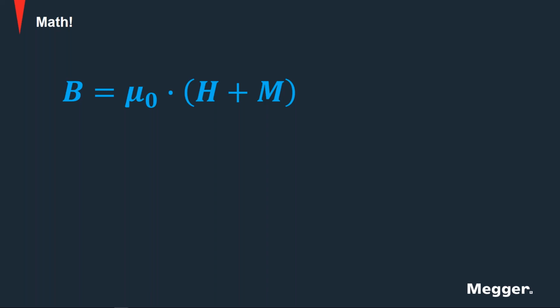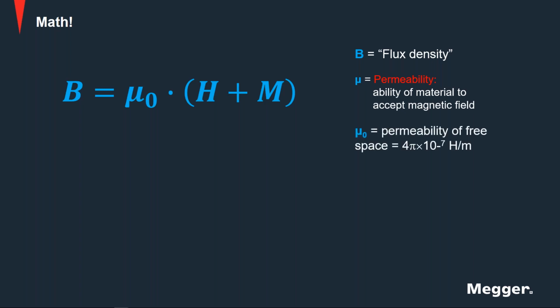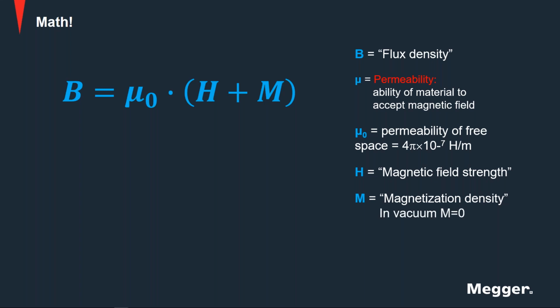If we look at the flux density, this can be defined again as B, which is equal to the permeability, or mu, with permeability being the ability of a material to accept a magnetic field, and mu sub zero is the permeability of free space. We multiply the permeability of free space by the combination of the magnetic field strength and the magnetization density. In a vacuum, the magnetization density happens to be 0.